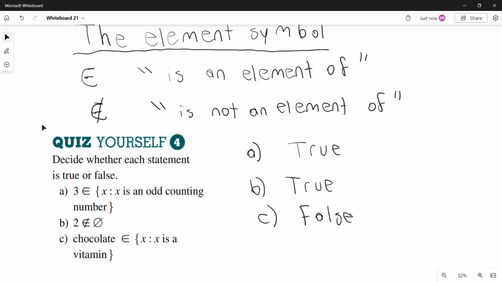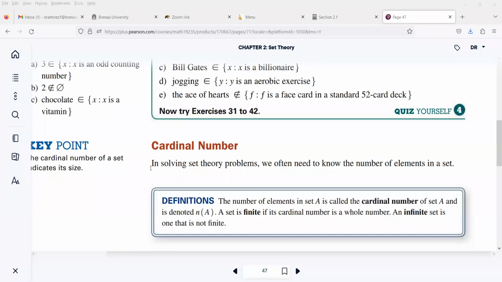Okay, the last thing in this section is the cardinal number to indicate the elements of a set. So in solving set theory problems, we often need to know the number of elements in a set.